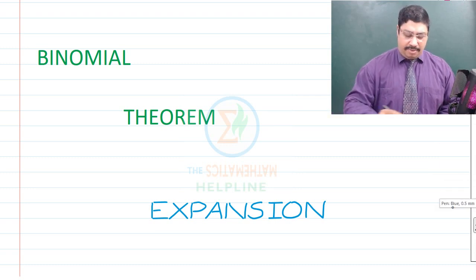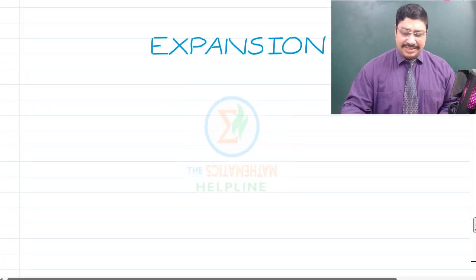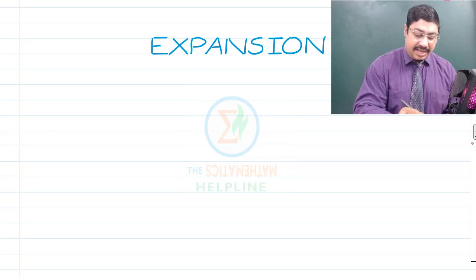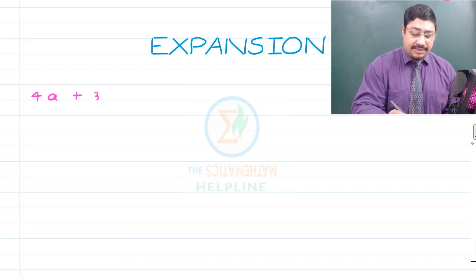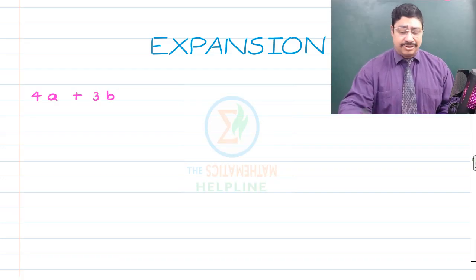When we talk about a binomial, children, it is an algebraic expression which has two terms. For example, let us consider 4a plus 3b. We call this a binomial because there are two terms in it.